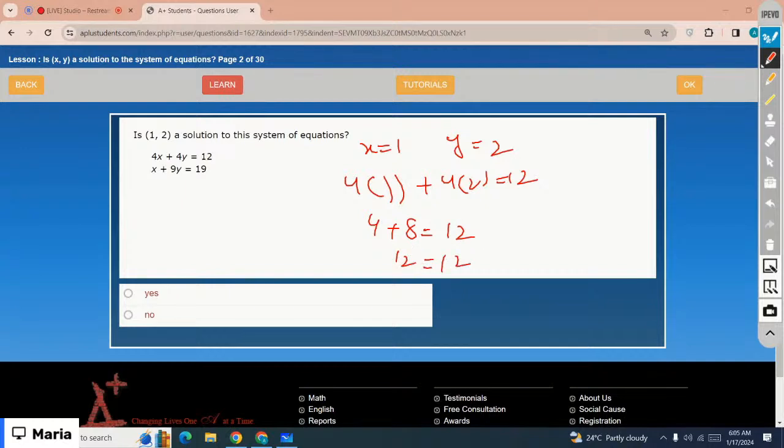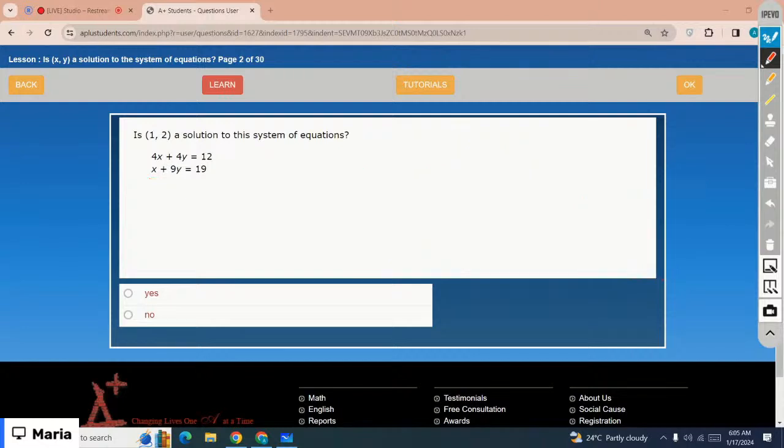See, both sides are equal, right? Check with the second equation: x is 1 plus 9, y is 2. 1 plus 9 times 2 is 18, and 19 equals 19. Both sides are exactly equal, right? That means yes, 1, 2 is a solution of the system of equations. Got it? The correct option is yes.